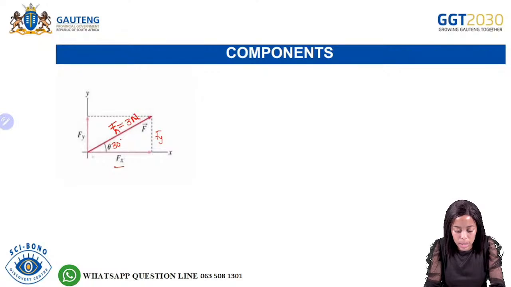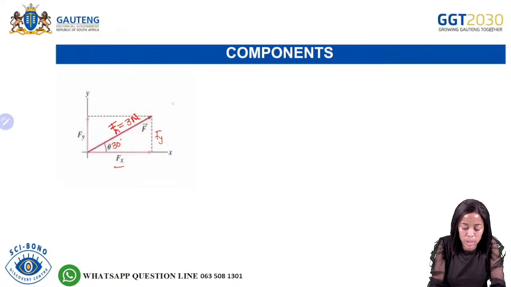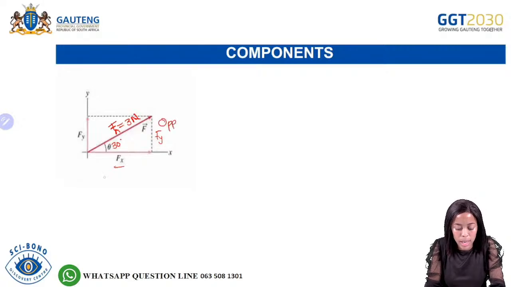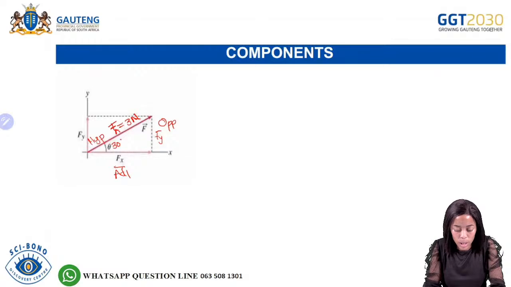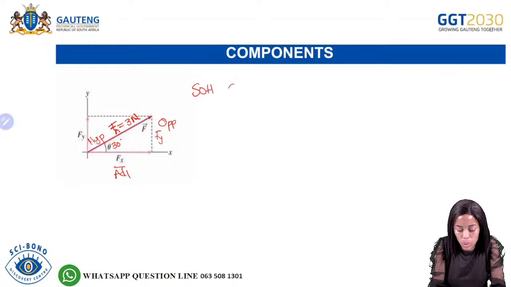So we can start here and say, okay, the side opposite to the angle is called your opposite side, and the other side will therefore be called your adjacent. If this is your opposite side and this is your adjacent, this would then represent your hypotenuse. So what are you going to do from here? We can use SOHCAHTOA.